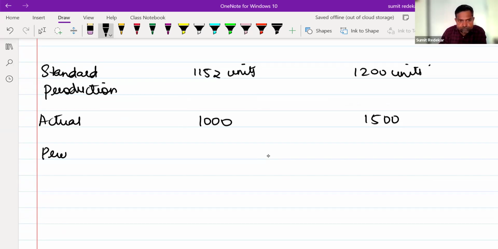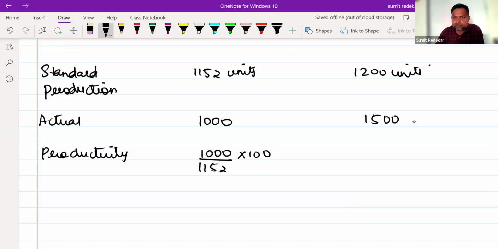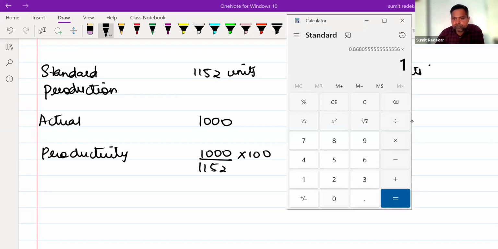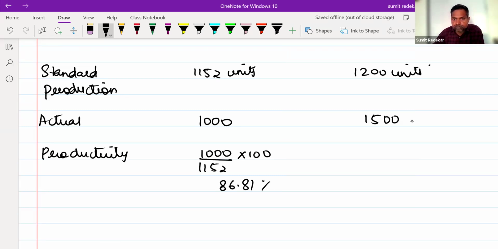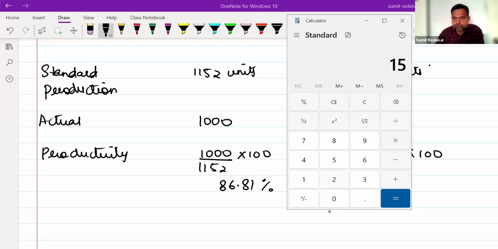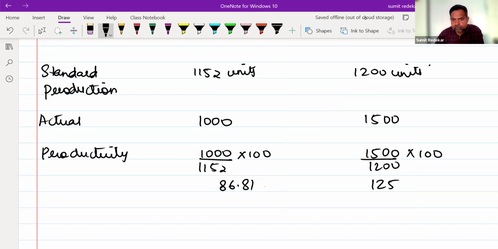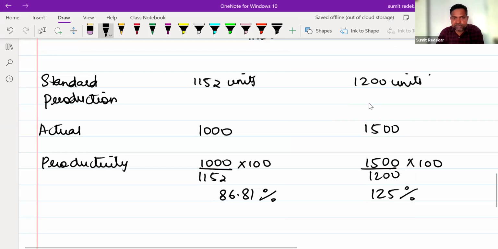Productivity is 1000 out of 1152 into 100, which is 86.81, and this is 1500 against 1200, which is 125. So that's 86.81% and 125%.